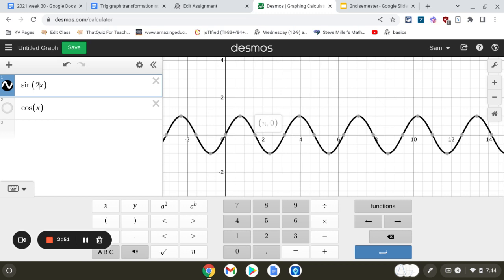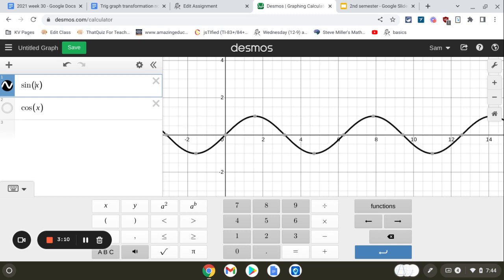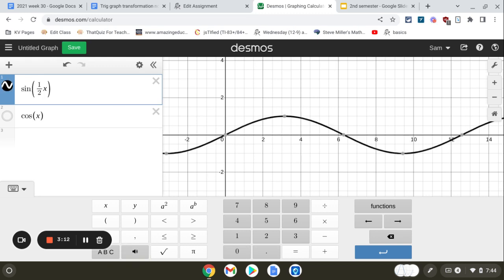If I changed it to a 3, it should be 2 pi divided by 3 for 1 period. And that's what we can see right here, 2 pi over 3. So that's the general idea. If you multiply it by a big number, it's going to squish it together. If you multiply it by a small number, it's going to stretch it out.